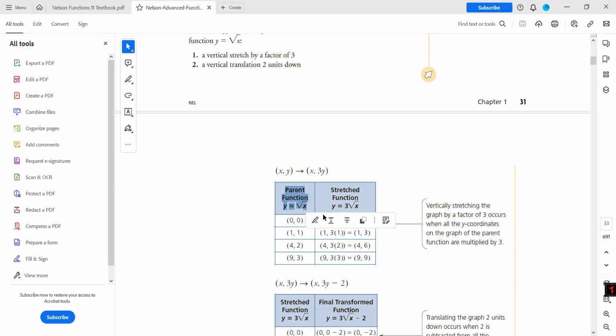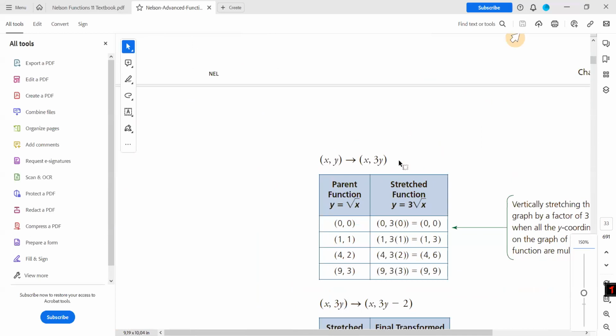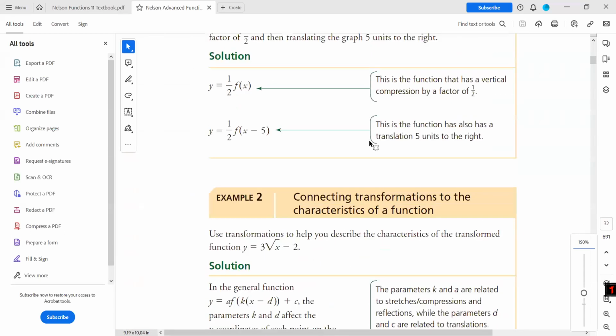We have a parent function, square root of x, and a stretch function, y equals 3 square root of x. And how is this stretch applied to our points? Basically, a vertical stretch is going to be a multiple of the y coordinate of each of the points of the parent function.